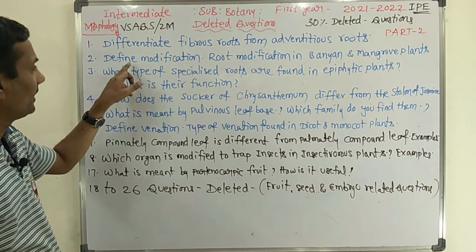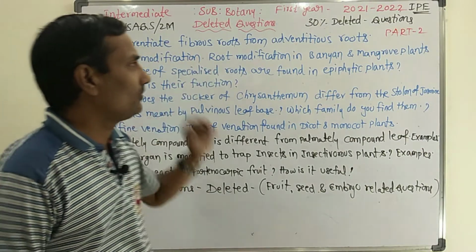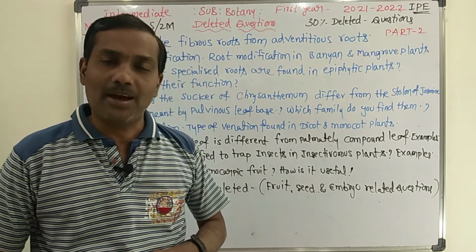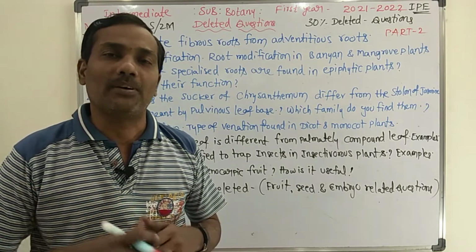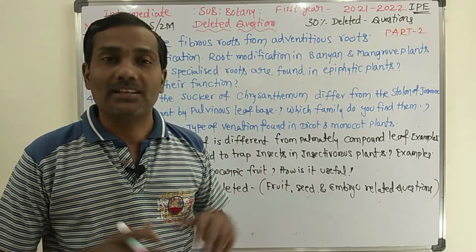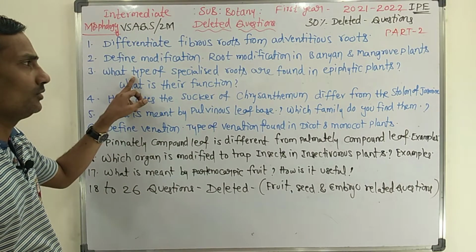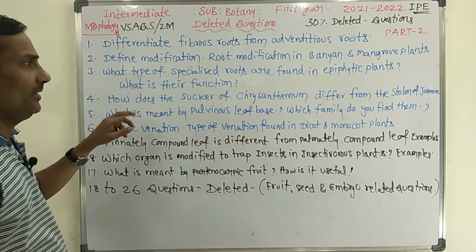Second question, define modification, root modification found in banyan tree and mangrove plants. What type of modification is found in banyan tree and mangrove plants? That is also deleted. Next, what type of specialized roots are found in epiphytic plants?